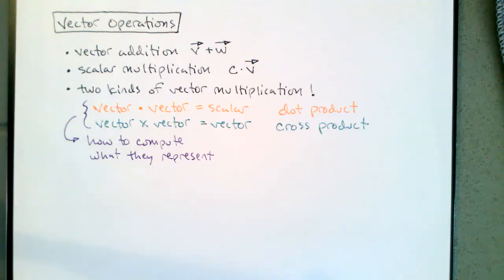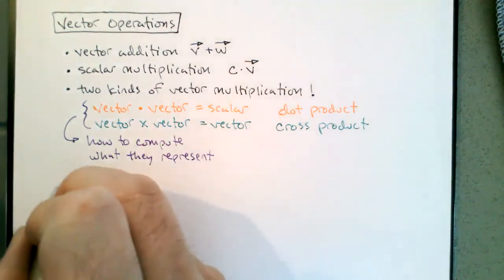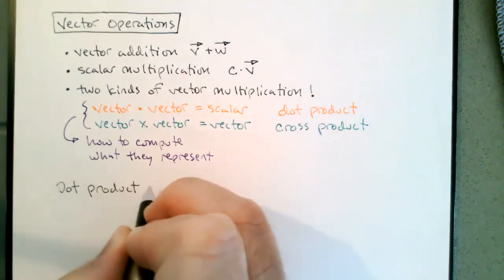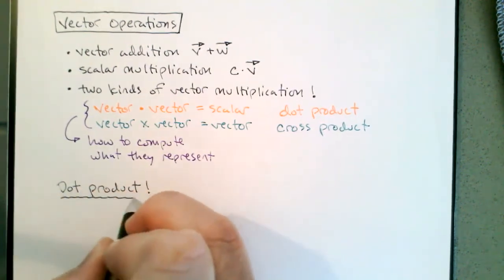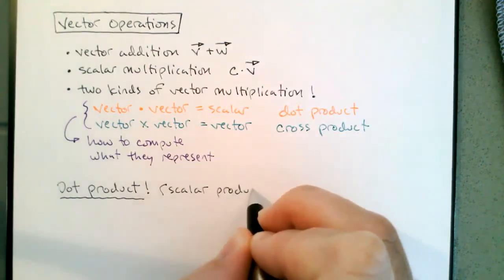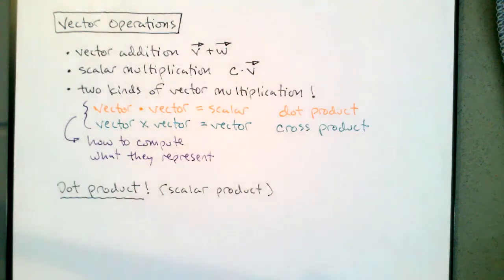All right, let's first talk about the scalar product, the dot product. I'm just going to write down what it is. So there are a few ways to compute the dot product, and one of them will even tell you something about what the dot product is for. So let's suppose that V and W are vectors.